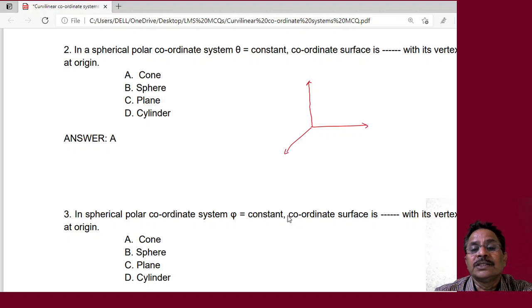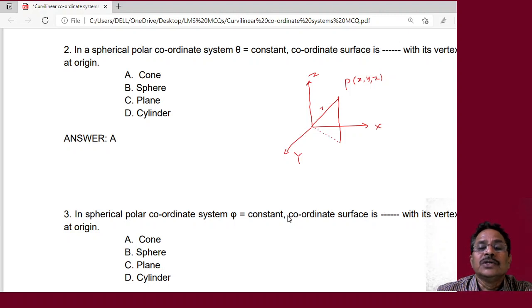This is x, this is y, and this is z, and here any point P can be taken as xyz, and this point can be drawn at a distance of r. Now take the intercept of this on this plane, so we will get this to be r. The angle with the z-axis is taken to be theta, and the angle made by its projection over here is given to be phi.